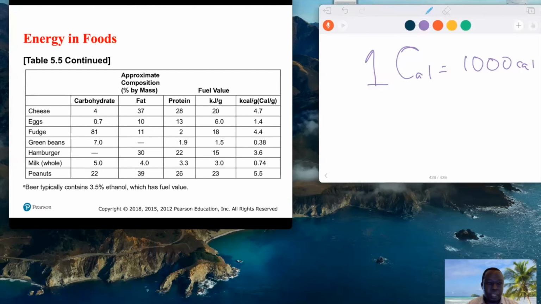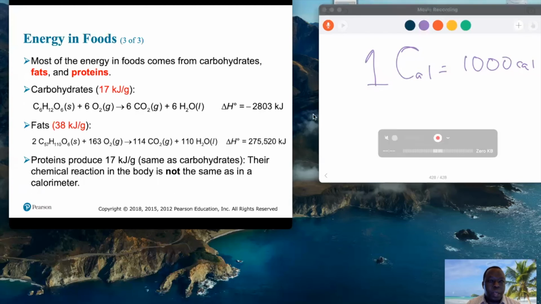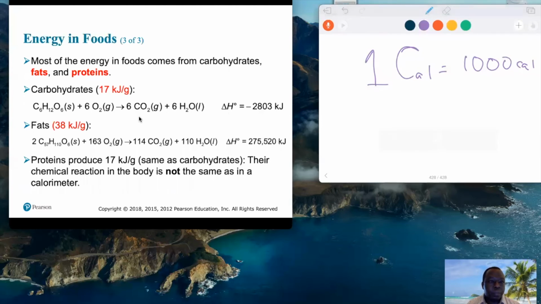You'll just have to add for all of them. Now, if you look at carbohydrate, fat, these values are given in the table. You'll be given the table for this, and get the fuel value for each one of them.